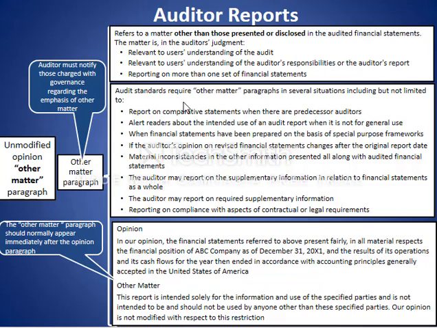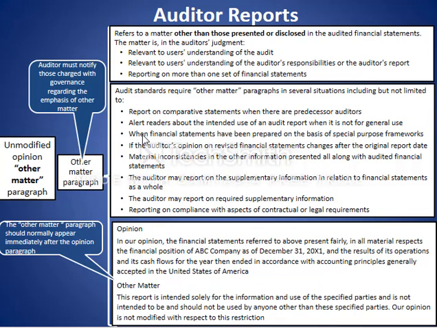Now, here I have some examples of where one would use an other matter paragraph. As an example, a report on comparative statements when there are predecessor auditors. Alert readers about the intended use of an audit report when it's not for general use.